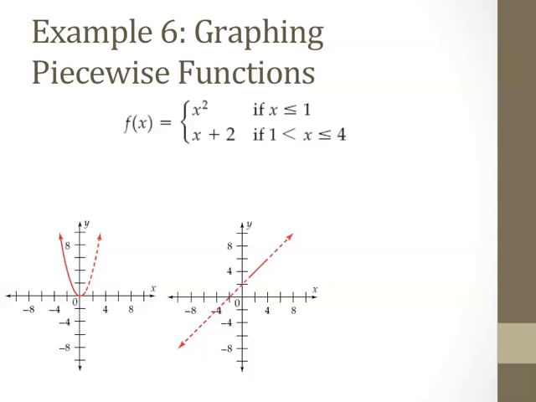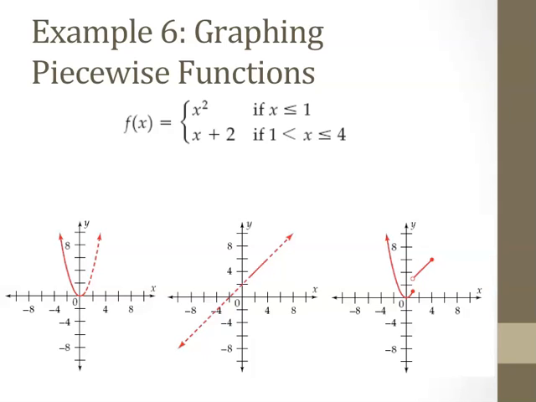So here we are going to go ahead and put those two together, and so this would be the graph of the piecewise function. Now notice here that I've very specifically placed those points. So for the parabolic portion, I put a point at 1, 1. That's where it ends. Now for the second piece of the function, it's not equal to 1 there, so I have to put an open circle.